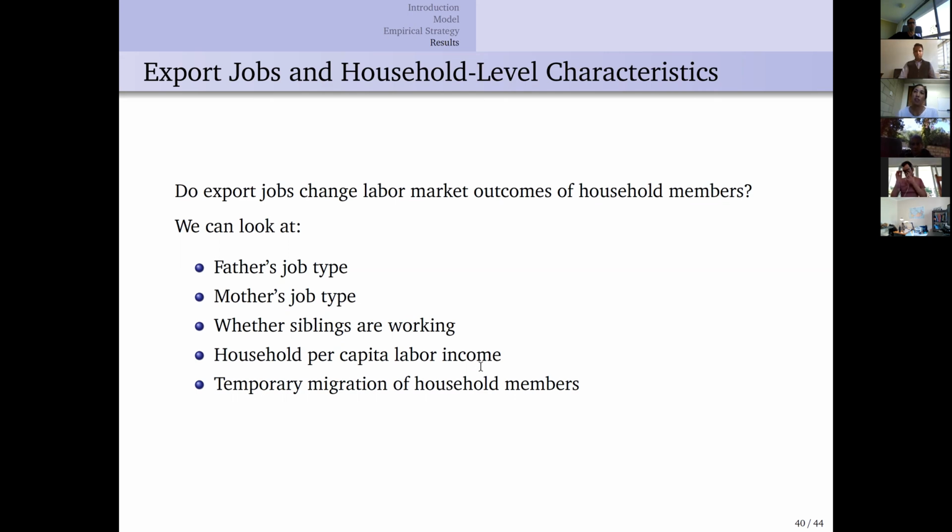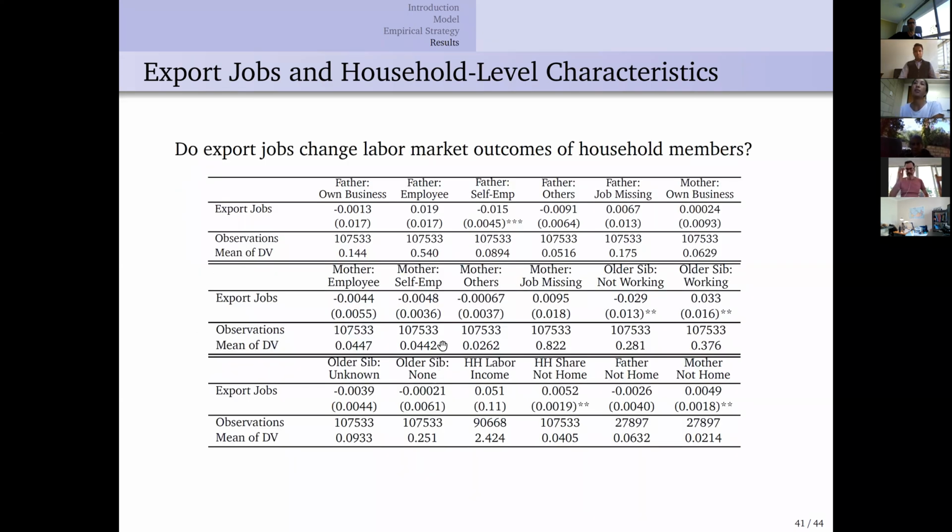I'll show you what those variables are here. What we're doing is regressing dummies for various father job categories, dummies for various mother job categories, these older sibling variables, household labor income, and these migration proxies on export jobs.